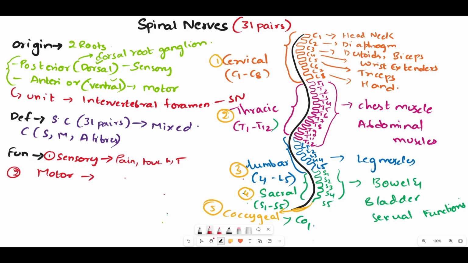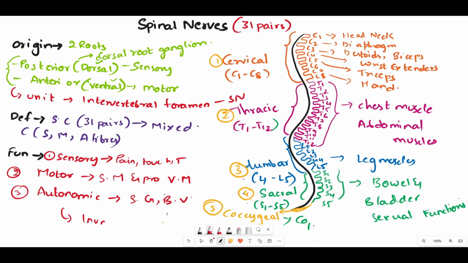Motor fibers are supplied to the skeletal muscles and provide the voluntary movements. The third one is the autonomic function. This is supplied to the sweat glands and blood vessels, and regulates the involuntary activities.